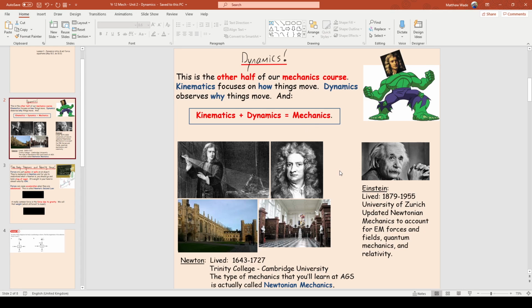How exciting! But anyway, all of the stuff that we do is largely down to one bloke. He built upon everything that people did before him, but it's Sir Isaac Newton, who's actually one of yours, an English guy, and he's the one who really formalized it and developed a lot of the methods that we still use today.